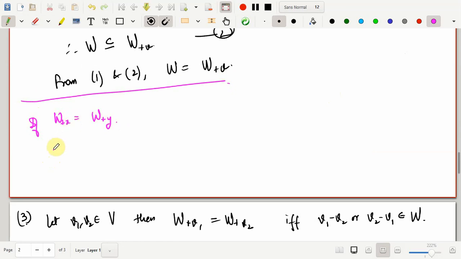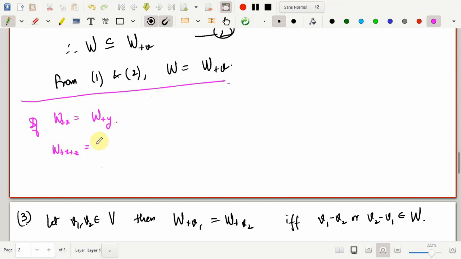In that case, will W plus X plus Z be the same as W plus Y plus Z? That is the question. It is true by the definition.